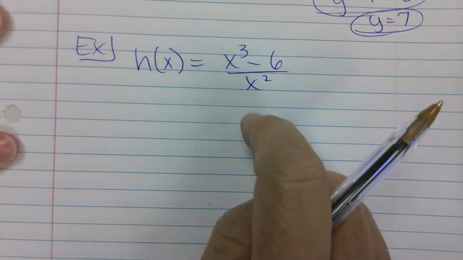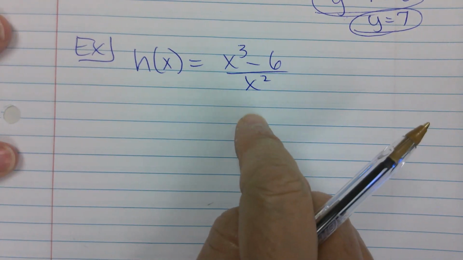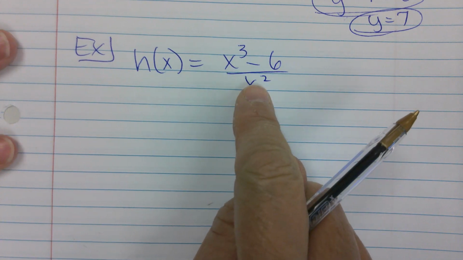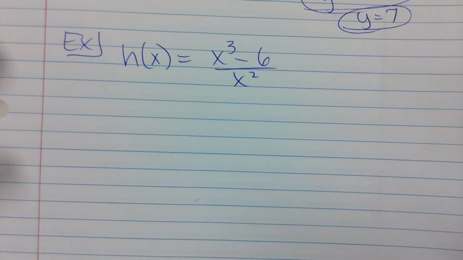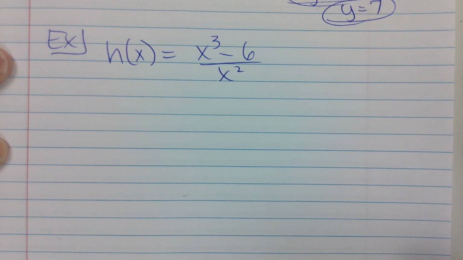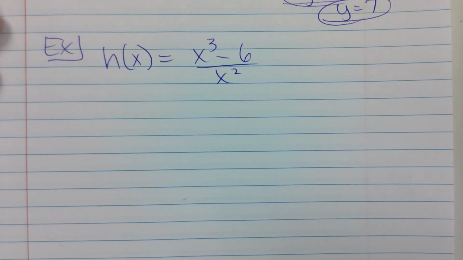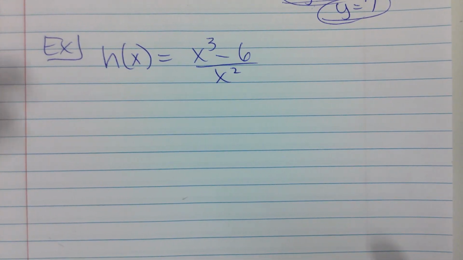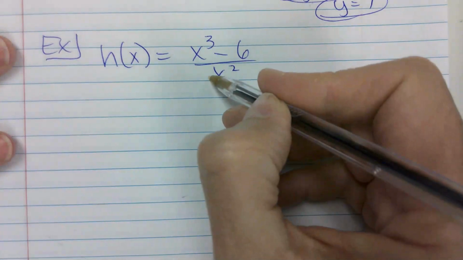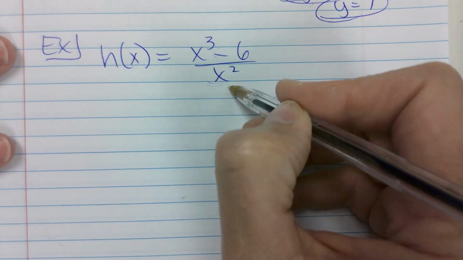Multiplication or division. So we have to rewrite. Still finding the derivative. But we don't have the quotient rule yet. We can still do this problem because there's a single term in the bottom.